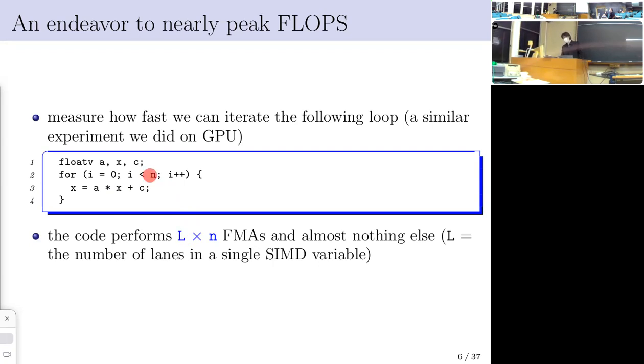And you repeat this n times, so you perform L multiplied by n FMAs, and almost nothing else, right? So how fast can it go? Do you remember you already witnessed something analogous in the GPU setting, right? So let me just do it in front of you.